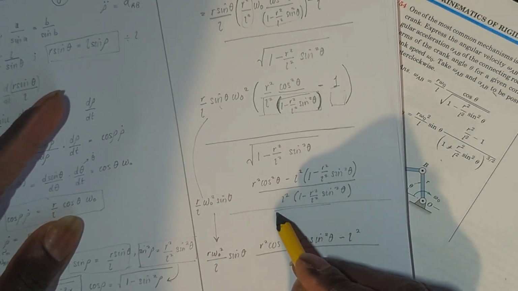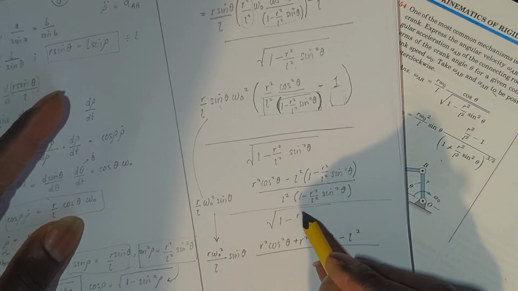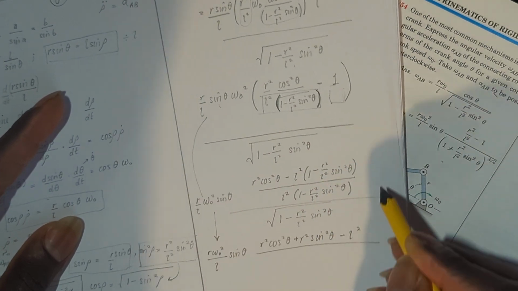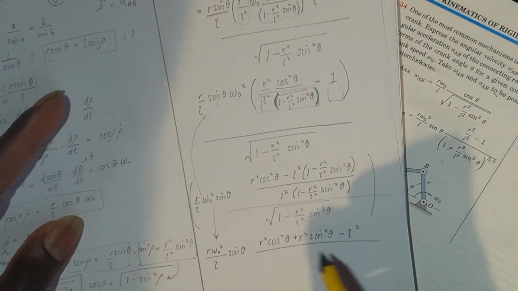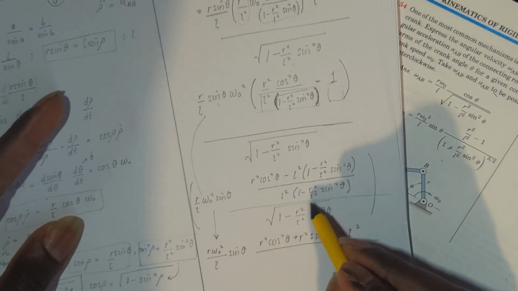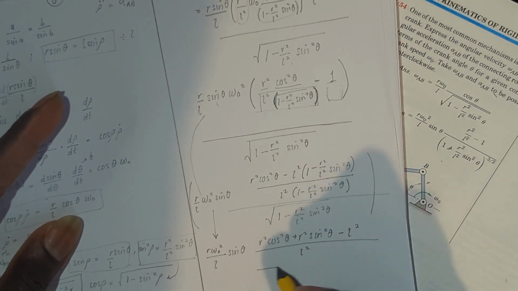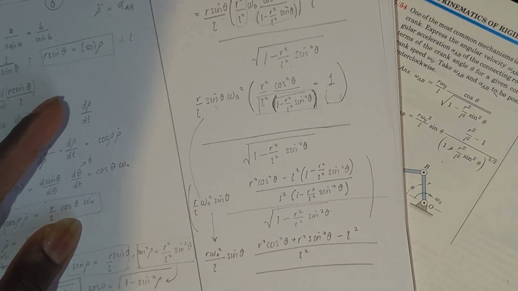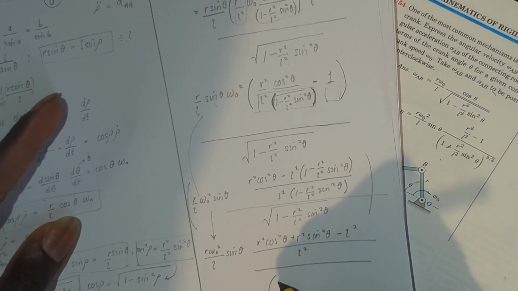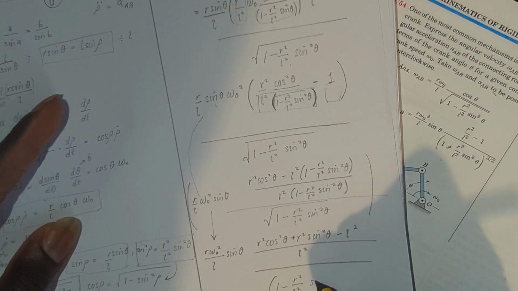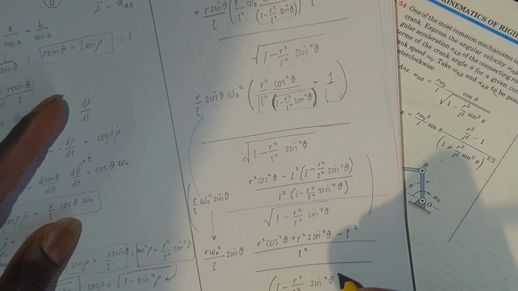Now this whole thing should be all the square root of 1 minus r squared over L squared sine squared theta. Now, what do we have here? This should go down with this to give me what? So I have an L squared here, and then this can go down with this. They meet together to give me 1 minus r squared over L squared sine squared theta.